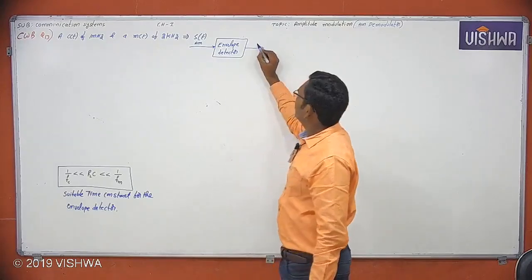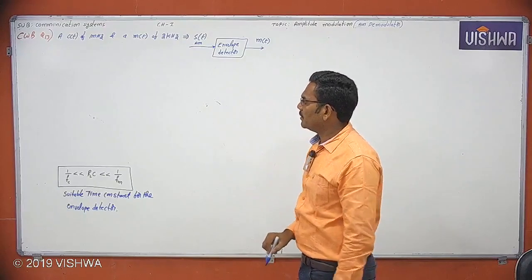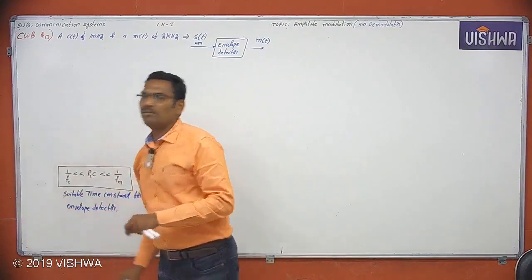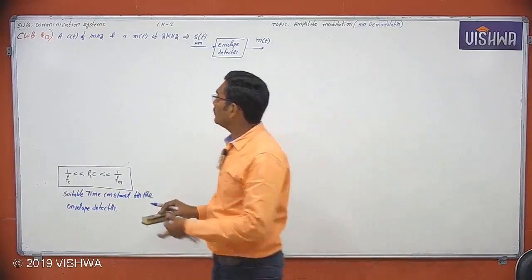For getting the message signal as output of the envelope detector, what is the suitable time constant of the envelope detector?